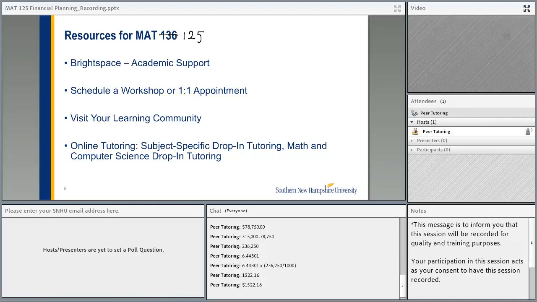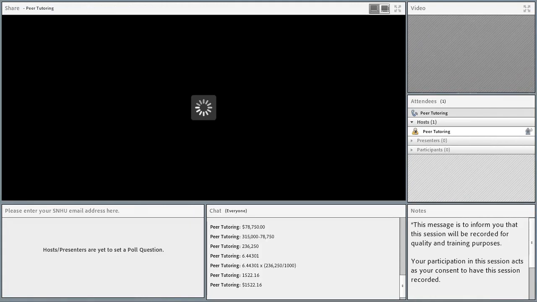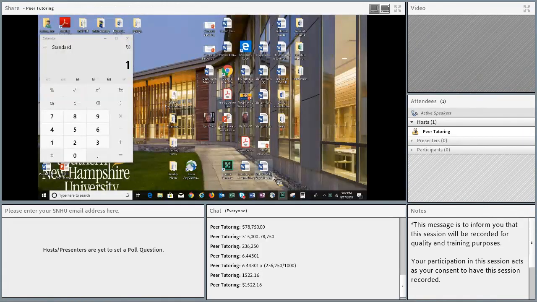Currently, in academic support, you can make a one-on-one appointment. You no longer need to schedule a workshop. You can visit your learning community, and we also offer online tutoring for subject-specific drop-in, math and computer science drop-in tutoring. So I'm just going to stop sharing this and share my screen to show you a couple of tricks.